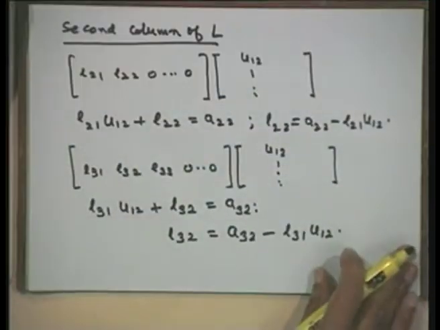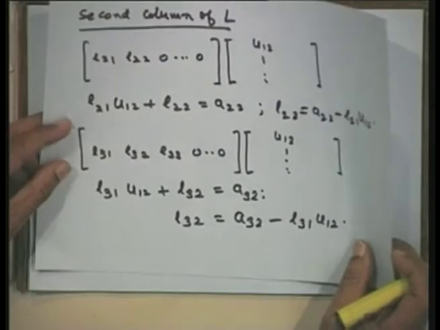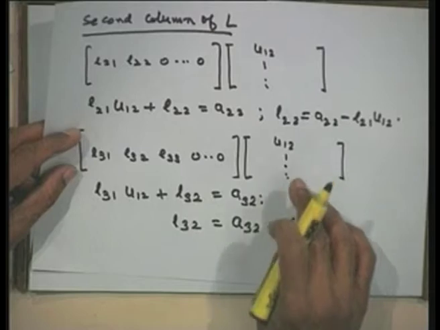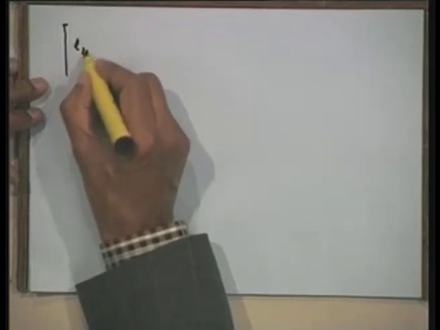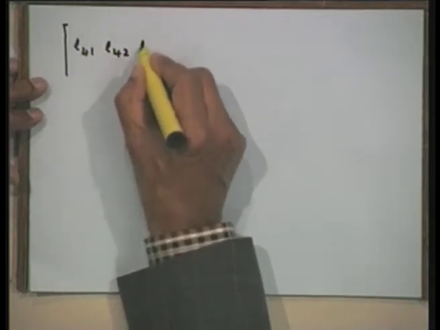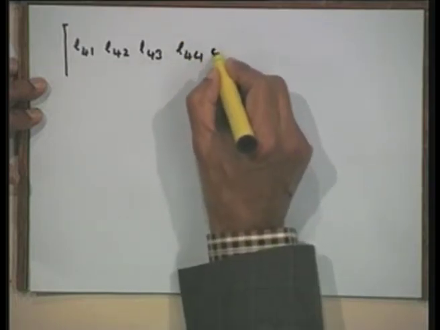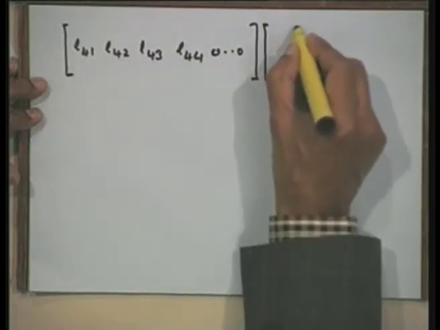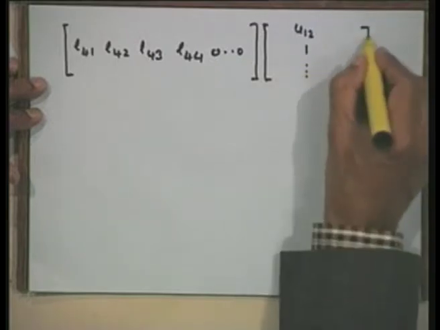Now, let us take the next row of L and the second column of U. That means, we shall be considering L41, L42, L43, L44 into this second column, which is U12, 1 so on.